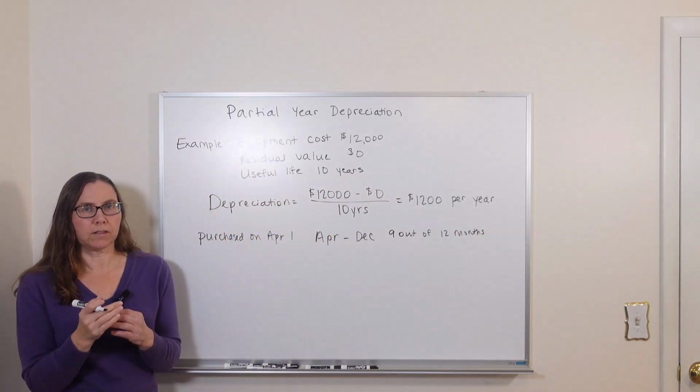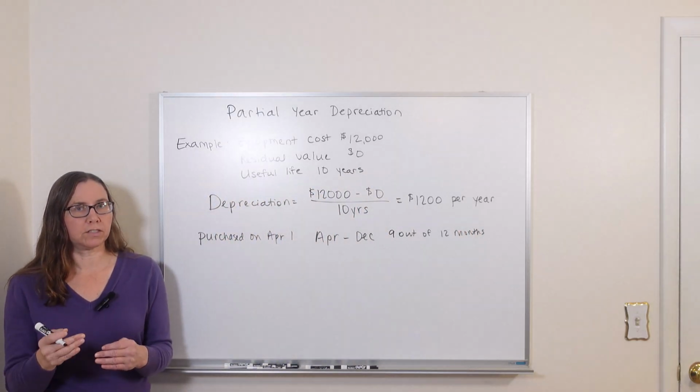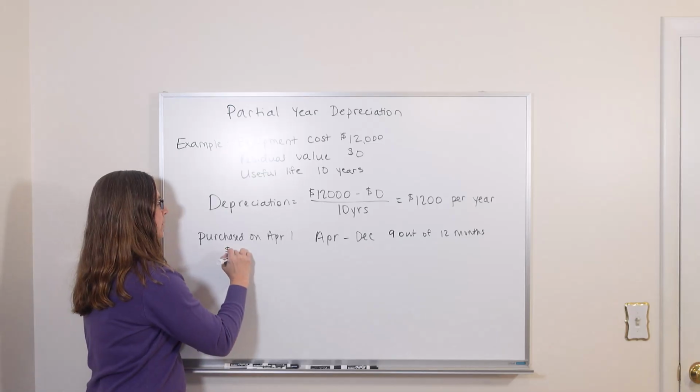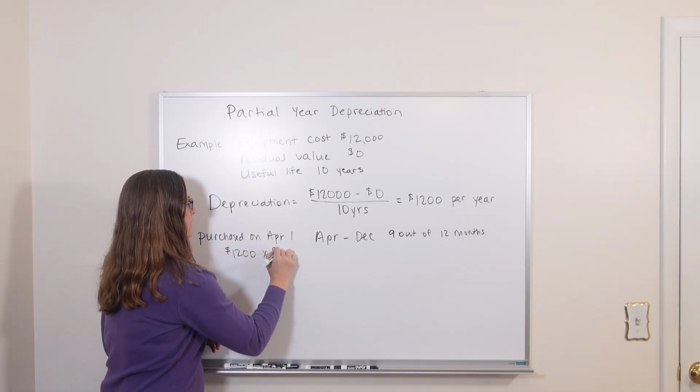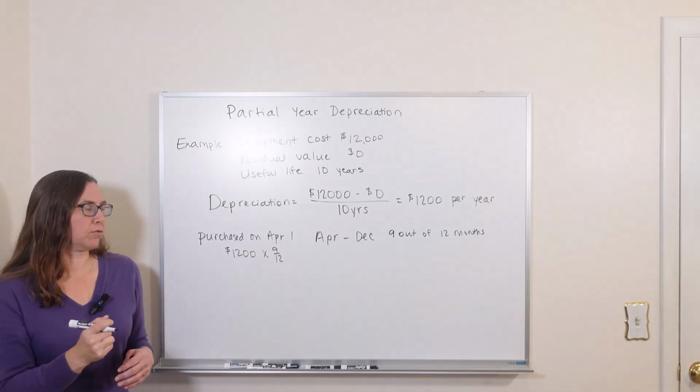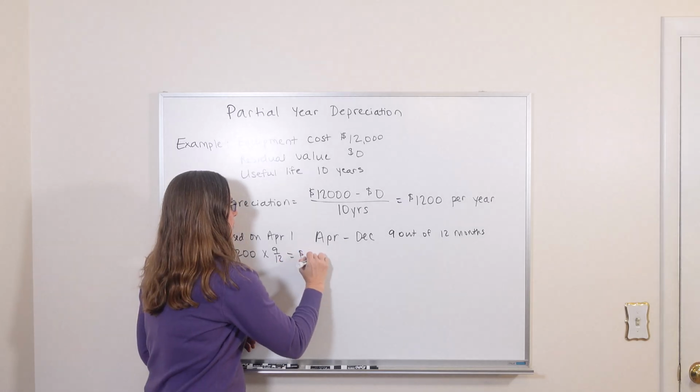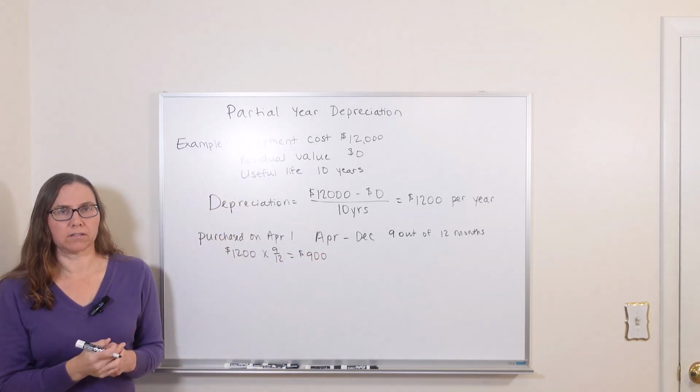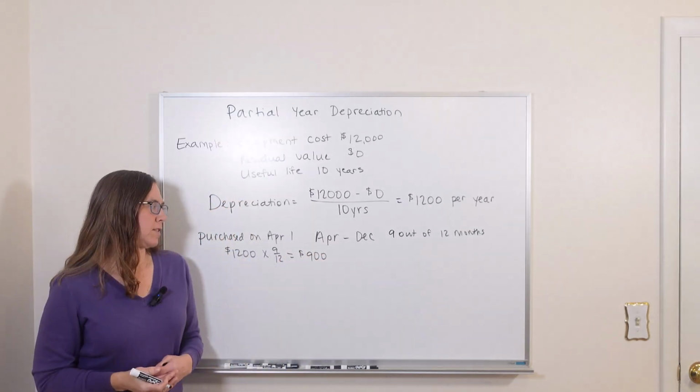So to calculate the partial year depreciation in the first year, they would simply take $1,200 times 9 over 12 to get an amount of $900. And it's as simple as that.